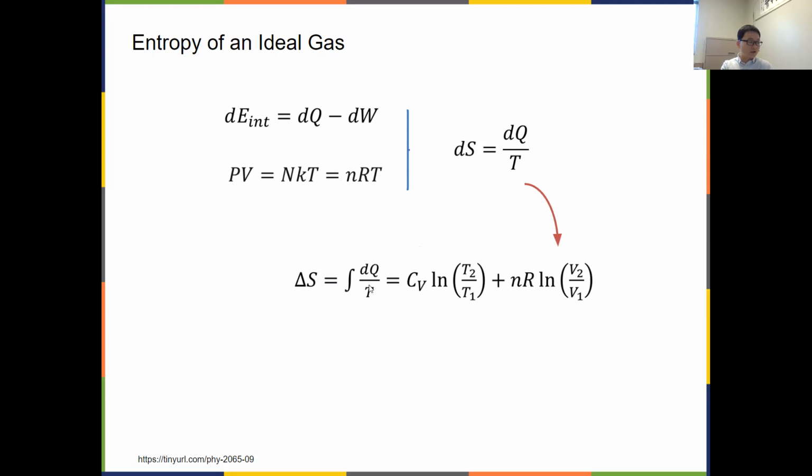Okay, so let's take a look at why. So the conclusion here, let me just throw this out first. The conclusion is for ideal gas, you can use this one for calculating the change in entropy, okay? But it's based on the first law, the ideal gas law, and how you calculate the entropy. All right, so let's derive the equation.